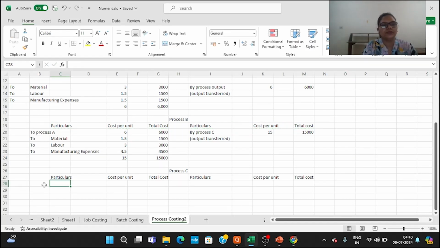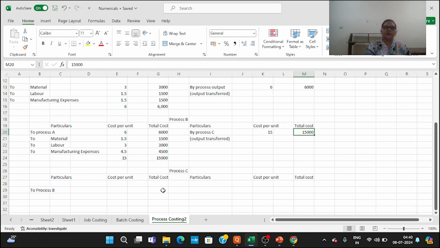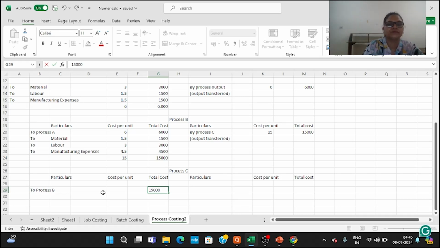Now this will be transferred to process B, because the amount in process B over here is 15,000. This output will be transferred in process B, 15,000. Cost per unit is 15.